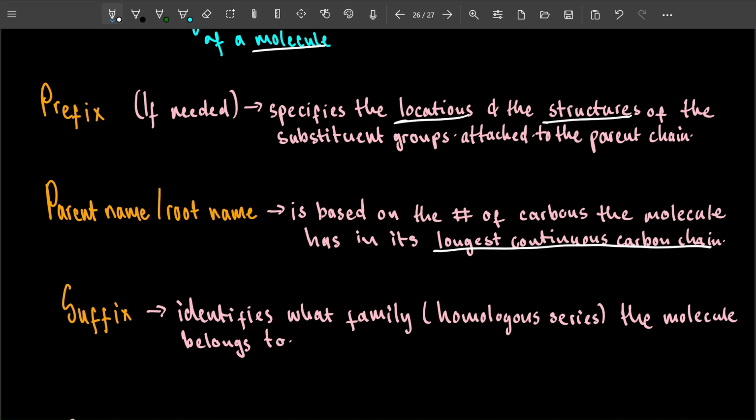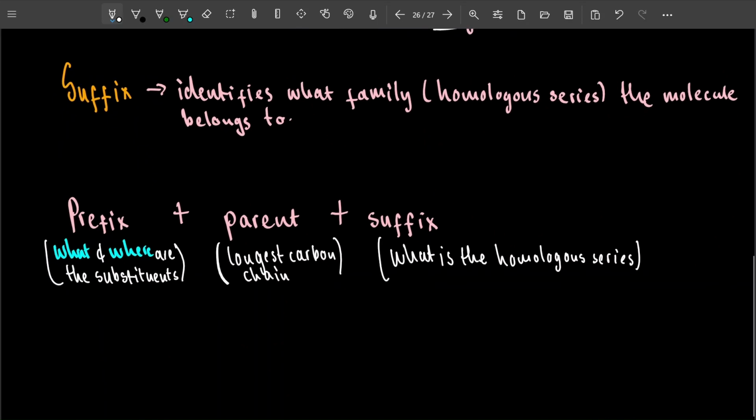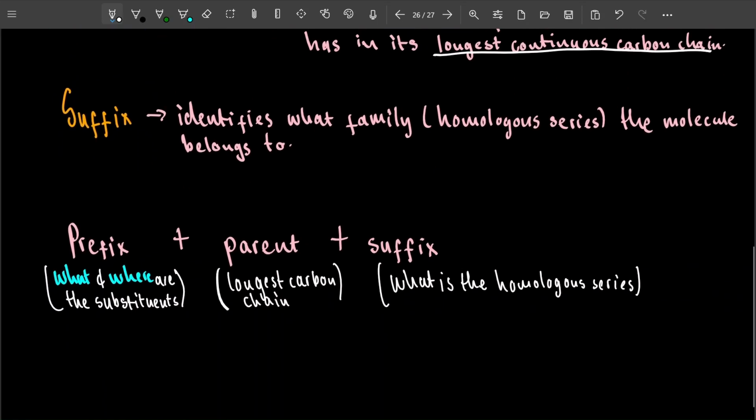So what does IUPAC do? It breaks down a name into 3. Never forget it. That's the last summary: prefix, parent, and suffix. A prefix is not always there. It may or may not be there. What does the prefix do? It tells you about substituents, things that are not part of the main chain but are attached to the main chain.